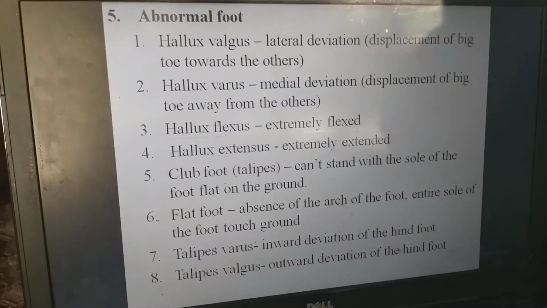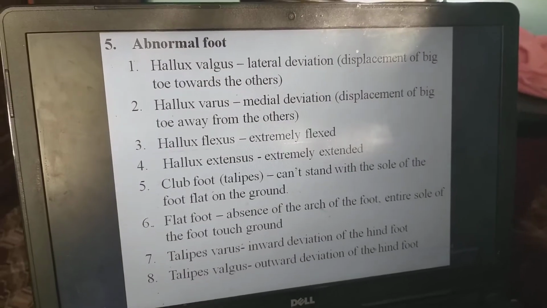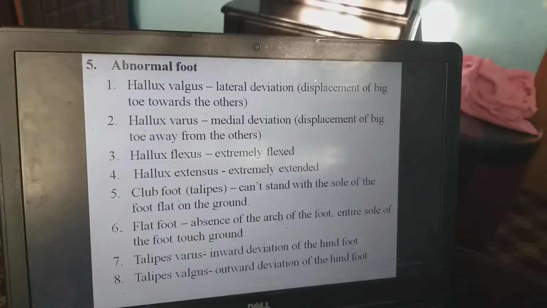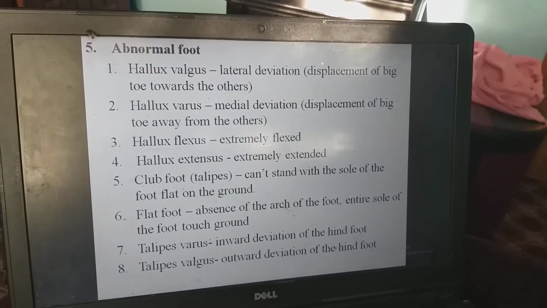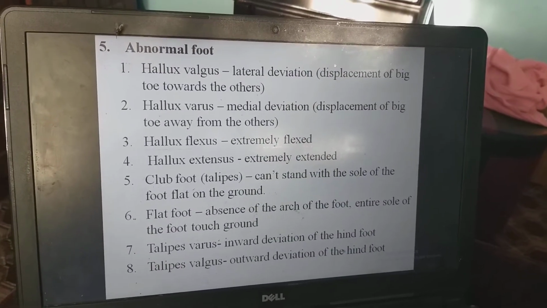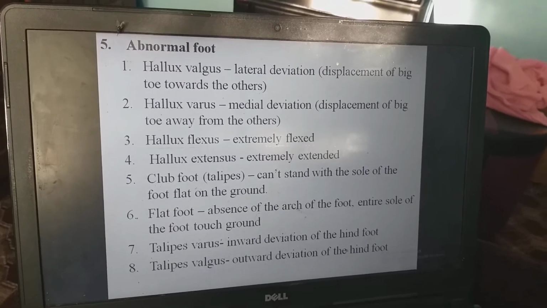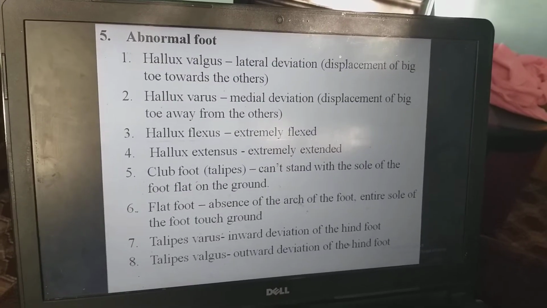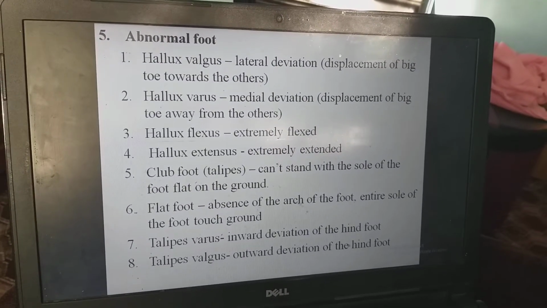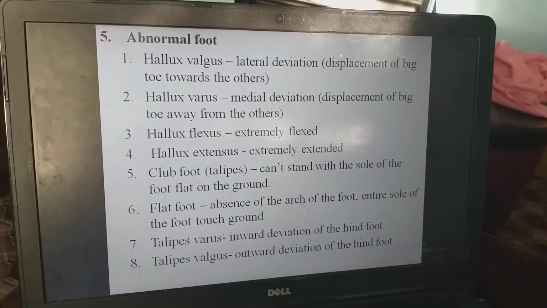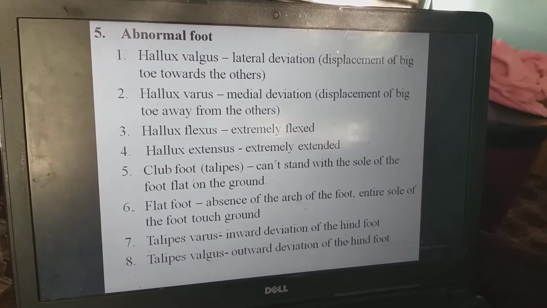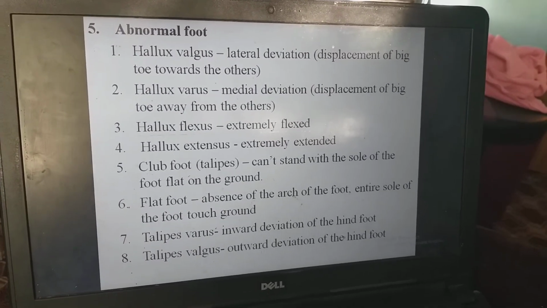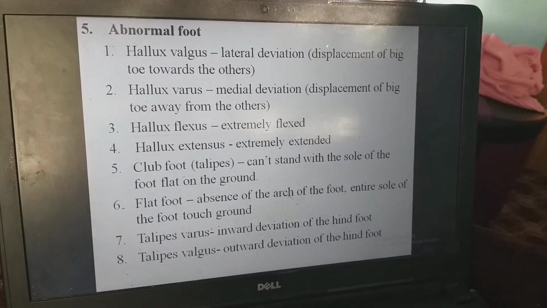Good. The other general abnormalities in the foot, mostly related to the toes, are: hallux valgus, lateral deviation of the big toe; hallux varus, medial deviation; hallux flexus, extremely flexed; hallux extensus, extremely extended; club foot, cannot stand with the sole of the foot flat on the ground; flat foot, absence of the arch of the foot, the entire sole touches the ground; talipes varus, inward deviation of the hindfoot; talipes valgus, outward deviation.